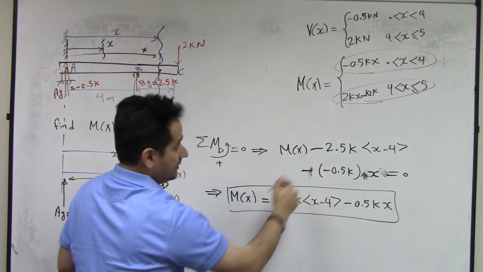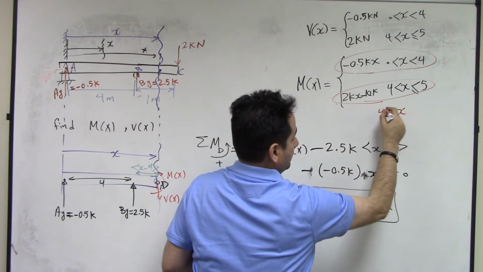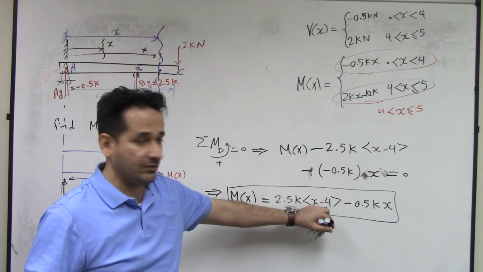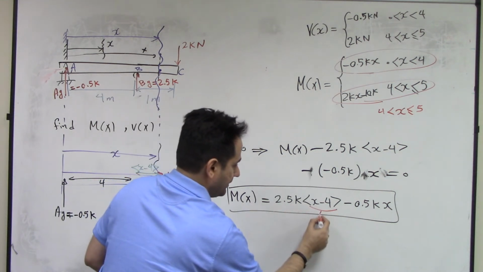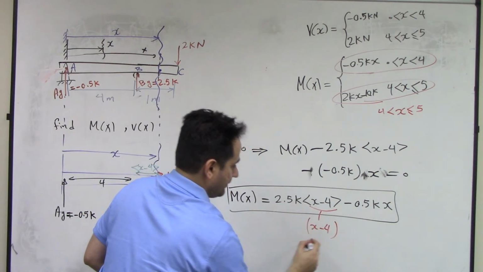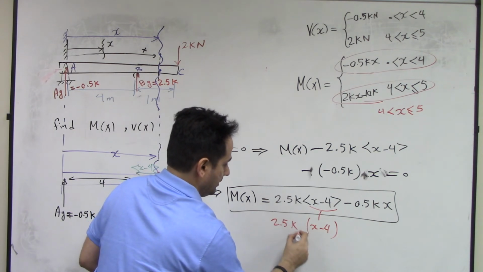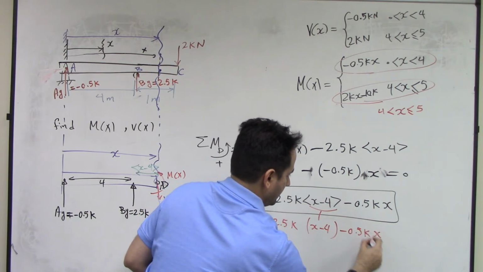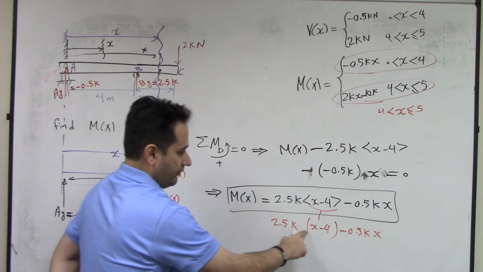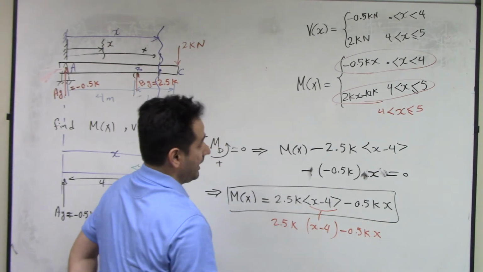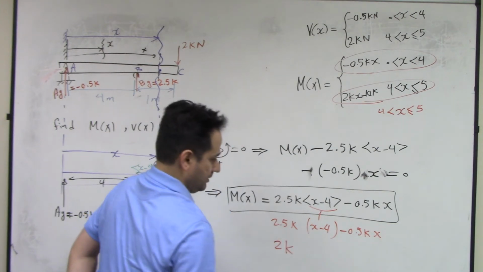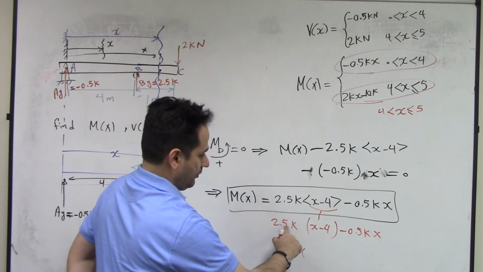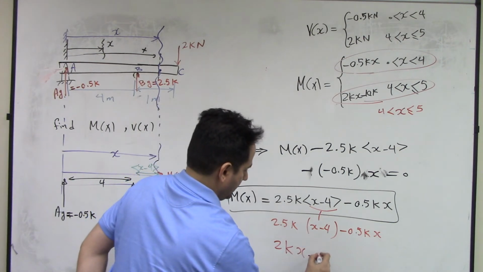Now if x is between 4 and 5, this is itself, so Heaviside of that is x minus 4 in parentheses times 2.5 k, and you also have this term, negative 0.5 kx. 2.5 k minus half becomes 2 kx, and 2.5 times 4 becomes negative 10 k.